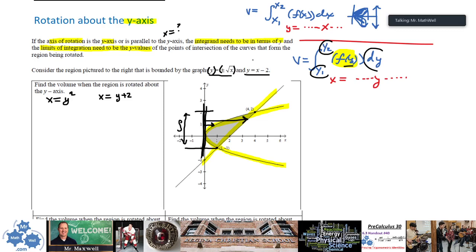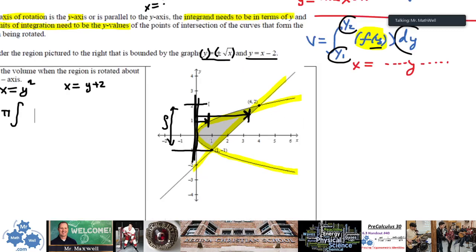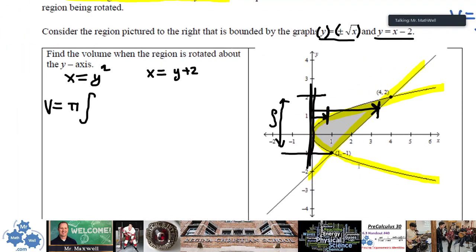So the volume of this solid when it's rotated this way is going to be pi r squared, where r is the difference between these two functions in terms of y. So it's still pi times an integral. We're going to go from the y values of -1 right here to 2, so -1 to 2 in the y direction. All right, so here we go.